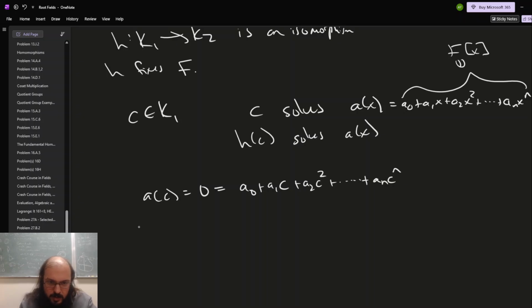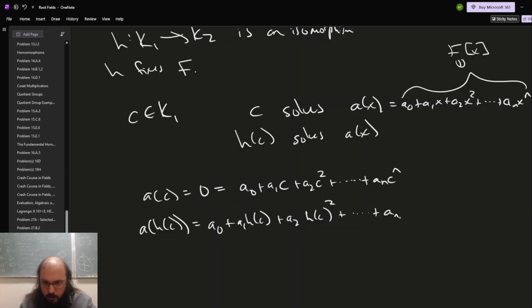On the other hand, what is A of H of C? Well, then I just plug H of C in where all the C's are, right? I'm just basically inserting an H because it's a homomorphism, an isomorphism. The squared can live on the outside because it respects multiplication.